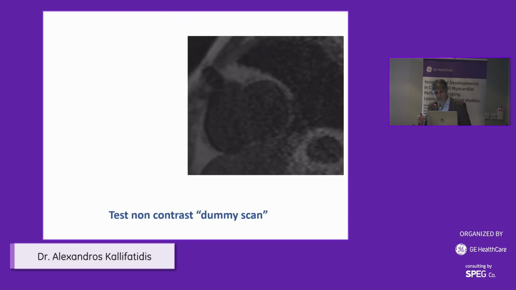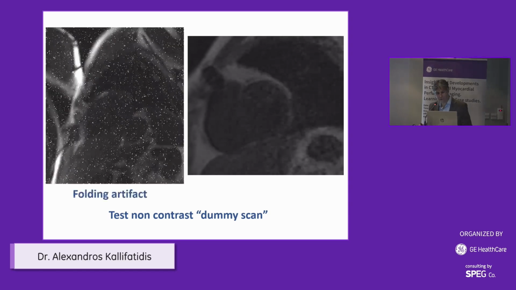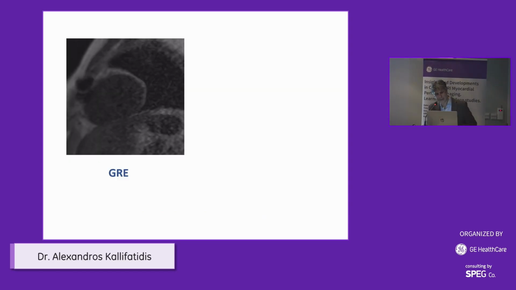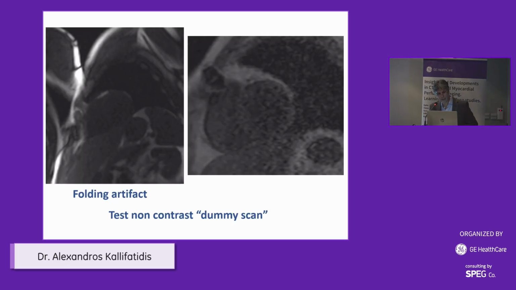Going with stress perfusion, it is always necessary to start with some test images. It is called a dummy scan, in order to avoid artifacts like these, folding artifacts that could affect the field of view and so can hide the pathology.